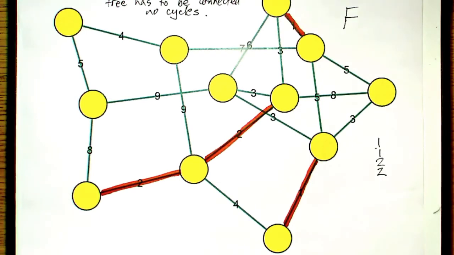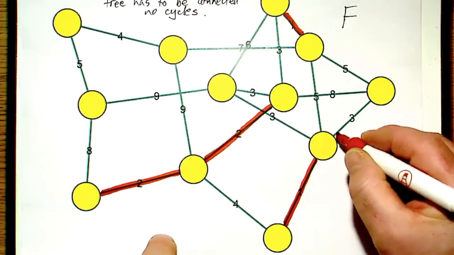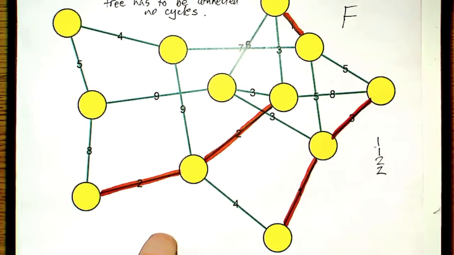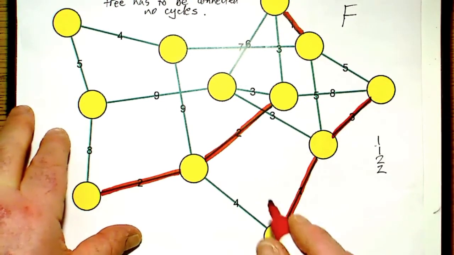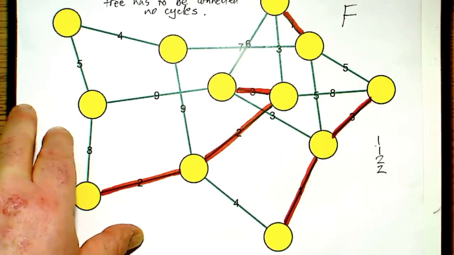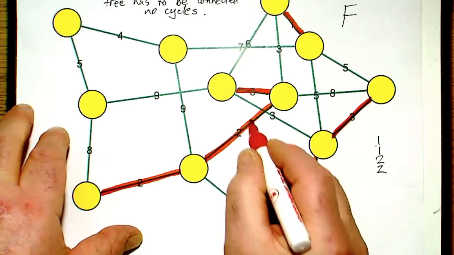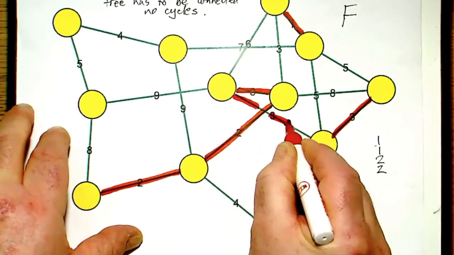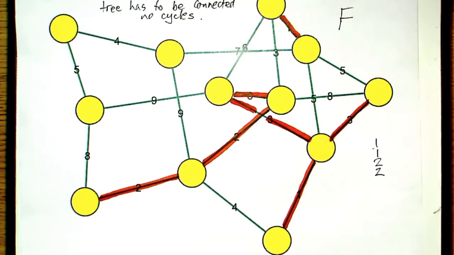And then we're on to weight 3. This is a bit more tricky because there are lots of them. So here's one of weight 3. Here's another. Can I put this one in here? There's another one here. That's okay, no cycles.